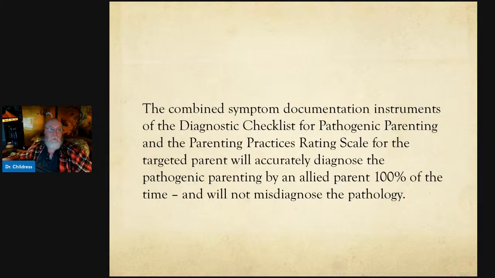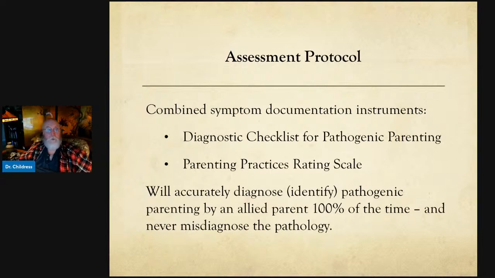So the combined symptom documentation instruments of the Diagnostic Checklist for Pathogenic Parenting and the Parenting Practices Rating Scale, that's to document normal range parenting by the targeted parent, will accurately diagnose the pathogenic parenting by an allied parent 100% of the time and will not ever misdiagnose the pathology. And so I think this assessment protocol of the Diagnostic Checklist for Pathogenic Parenting and the Parenting Practices Rating Scale for the targeted parent should be routinely conducted in all cases.